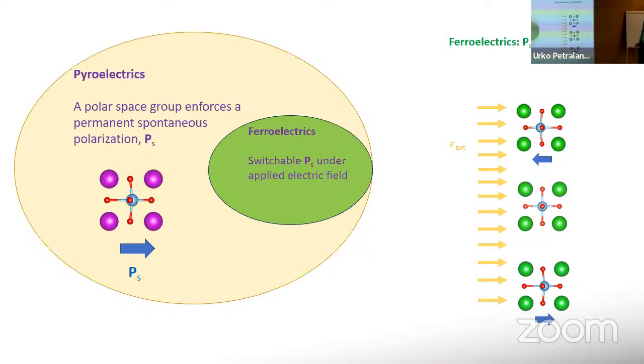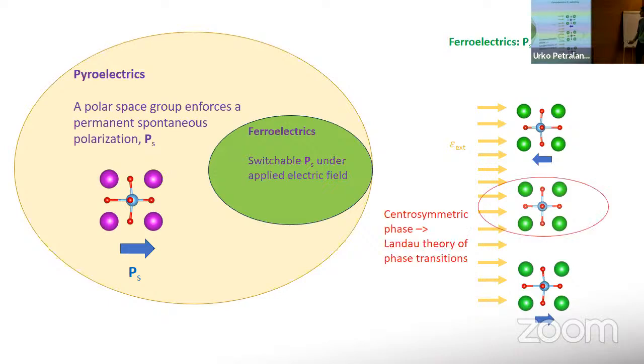And one thing that is particular to ferroelectrics is an associated centrosymmetric phase of the ferroelectric material. It's important for two reasons. One is that the calculation of the spontaneous polarization can only be done in relation to a centrosymmetric phase.